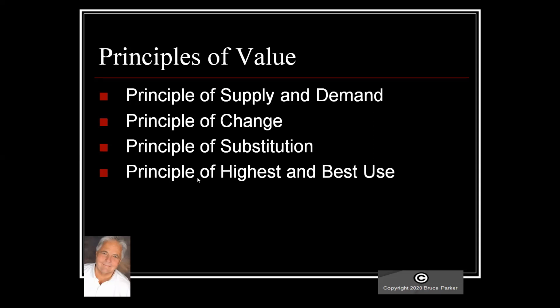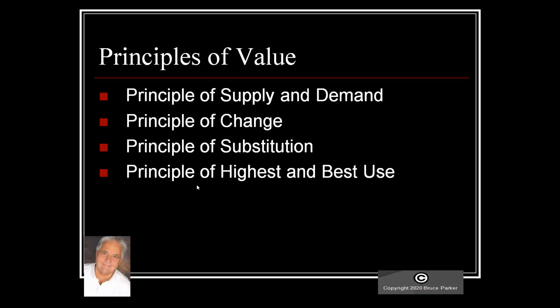The next one is the principle of highest and best use. The principle of highest and best use says you will find your highest value when you have found the highest and best use. So I always use the exact same example for this. My office building in Highland Park is a house that was built in 1890.